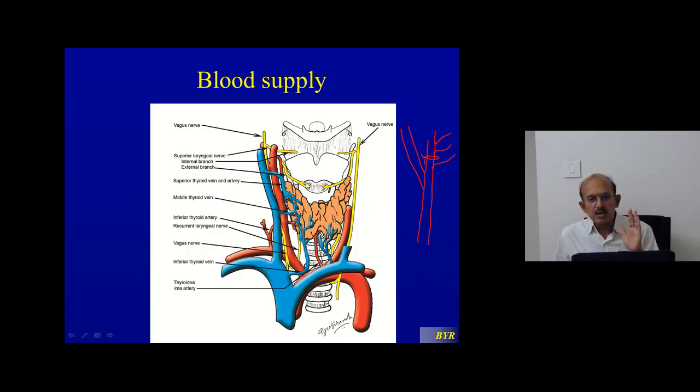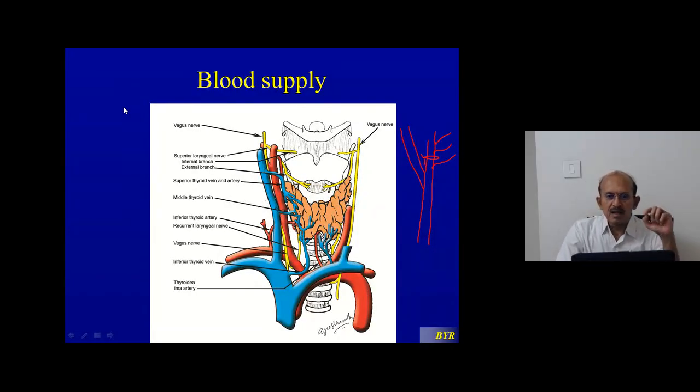Almost 90% of the students get a case of thyroid in the clinical examination, either as a short case or as a long case, usually as a long case. So you should be thorough in and out about the anatomy of the thyroid gland, and of course about the anatomy and functions of the vocal cords and larynx.